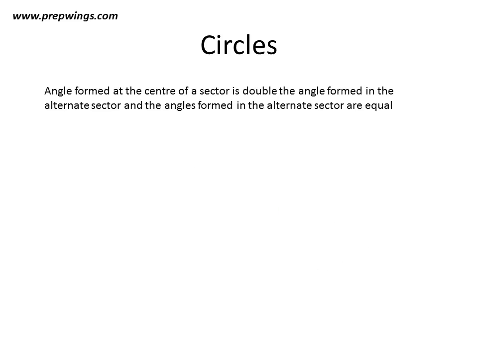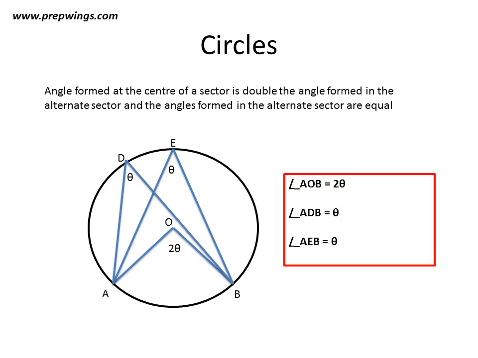Now we'll do a few properties of circle. The angle formed at the center of the sector is double the angle formed in the alternate sector, and the angles formed in the alternate sector are equal. What this property actually means is that in this figure, O is the center of the circle. So A and B are 2 points. If they form angle 2 theta at the center, then in the major sector ADEB, the angle formed will be theta, half of the central angle.